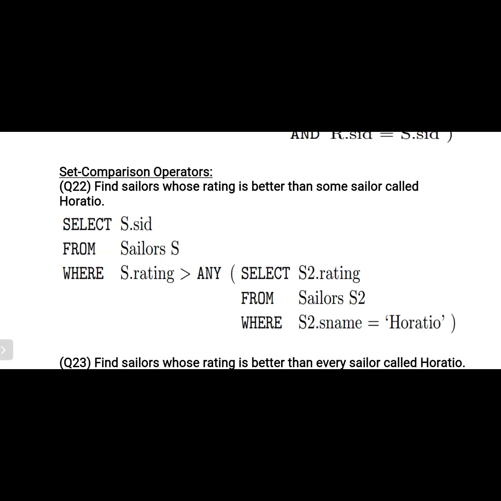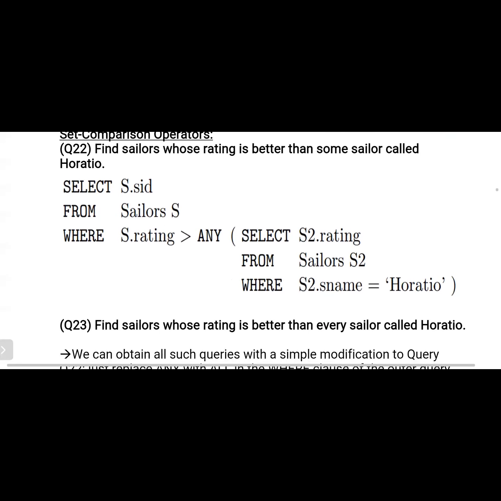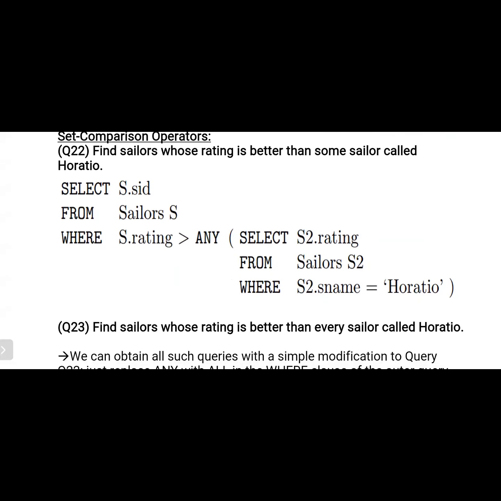We compare each and every sailor's rating. SELECT S.sid FROM Sailors S WHERE S.rating > ANY, then it will verify the total set of ratings. The same thing: SELECT S2.rating FROM Sailors S2 WHERE S2.sname = 'Horatio'. That means here we are comparing with the Horatio name. Then those SIDs are displayed. Okay.